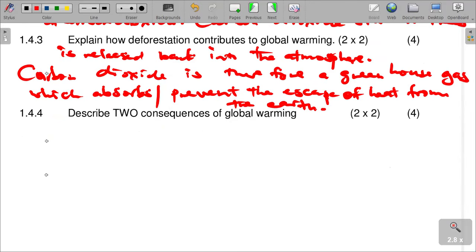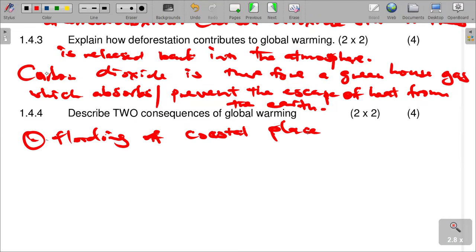And then we want to look at two consequences or two effects of global warming. One, it can result in an increase in flooding. We can say flooding of coastal places. Places that are close to the sea can flood because of the melting of ice.